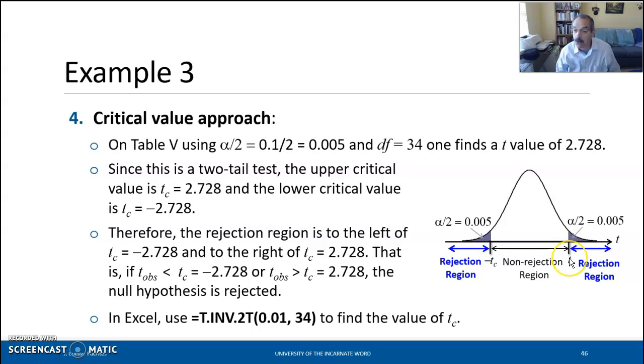But that's only the t-critical on the right side. So we also need the critical value on the left side, which is just the negative of this number because of the symmetry of the t-distribution. So the rejection region is going to be to the left of minus 2.728 and to the right of 2.728. Again, if you like to find the critical value, we found the exact value from the table, but here's the formula to find it.